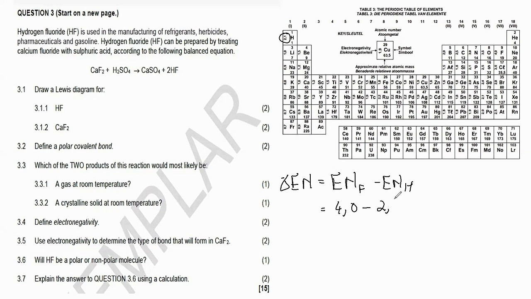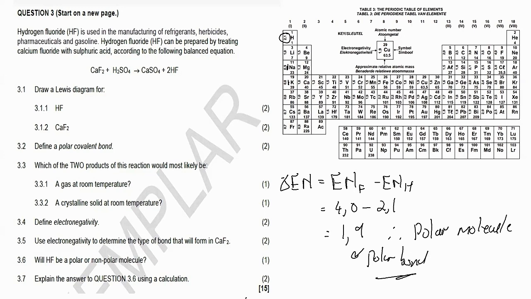So when we are talking electronegativity difference, these are the numbers that we see here. So do not be confused. Then if we say 4.0 minus 2.1, we get our value as 1.9, which is suggesting that this is polar, right? So it is a polar molecule. So it has polar bonds, and therefore it is a polar molecule. So polar bond, polar molecules. Then that's how you were supposed to actually go about answering this question for a total of 15 marks.